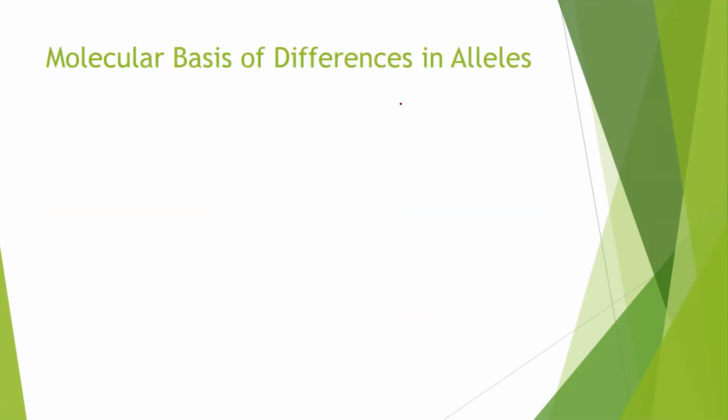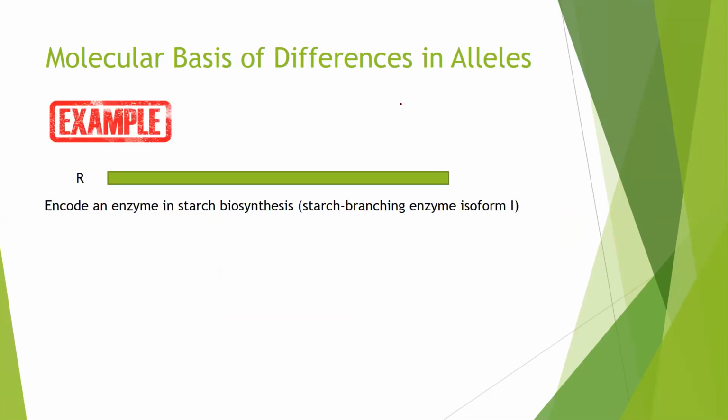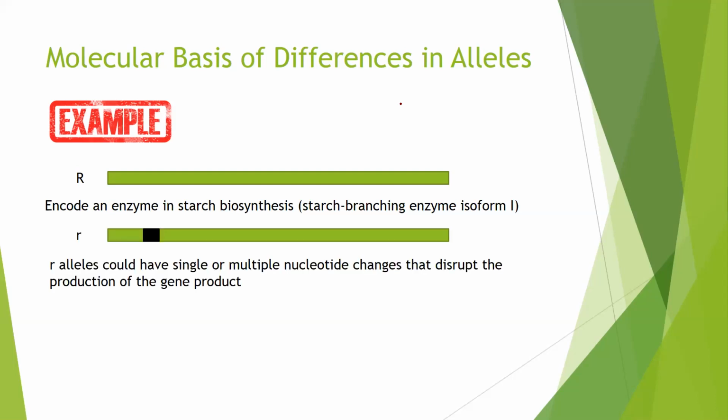As I mentioned, mutation can cause mutant alleles. Let's look at an example to understand the molecular basis for producing different alleles. Let's use the round shape versus the wrinkled shape of pea seeds. We use the same letters here.